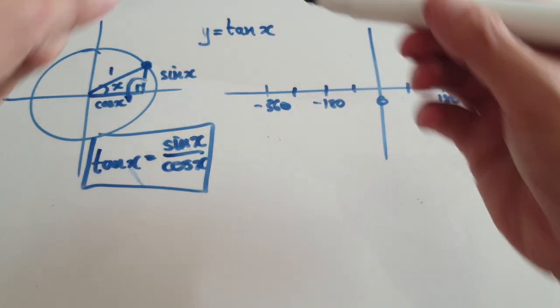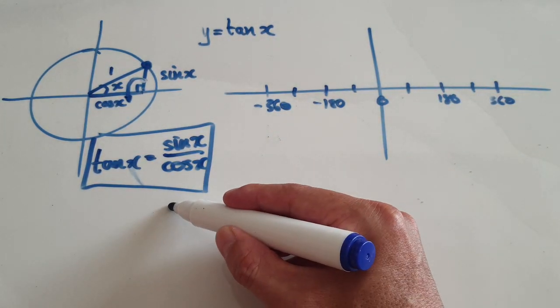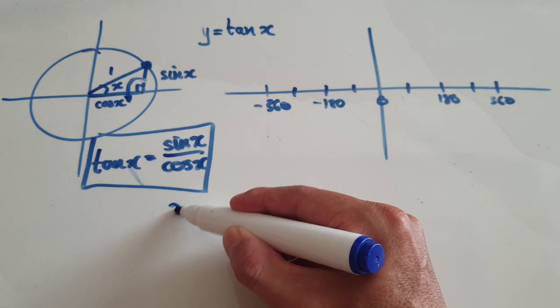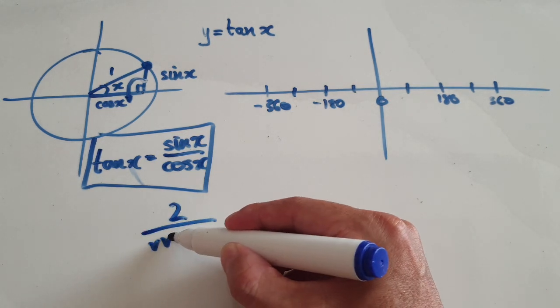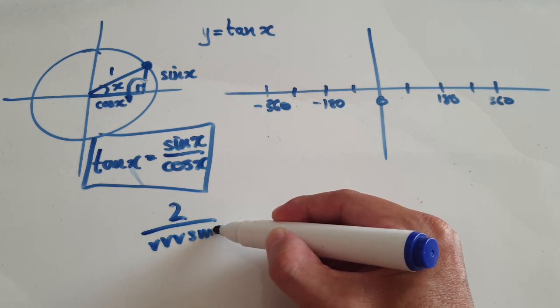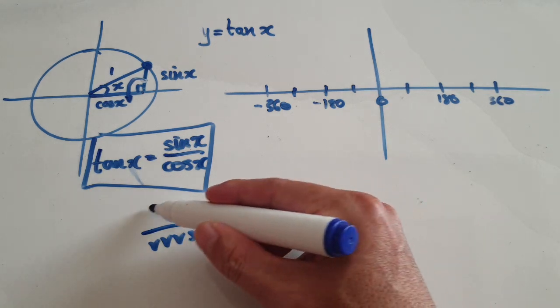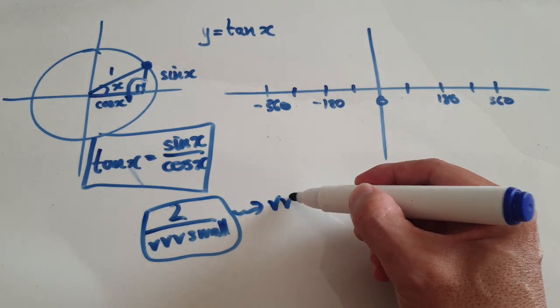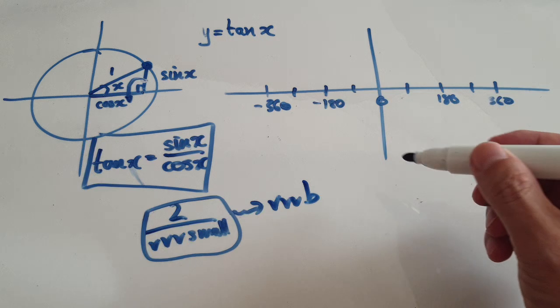Before I explain this, I need you to know that when you have a number, let's say 2, divided by a very, very small number, the whole thing becomes a very, very big number.